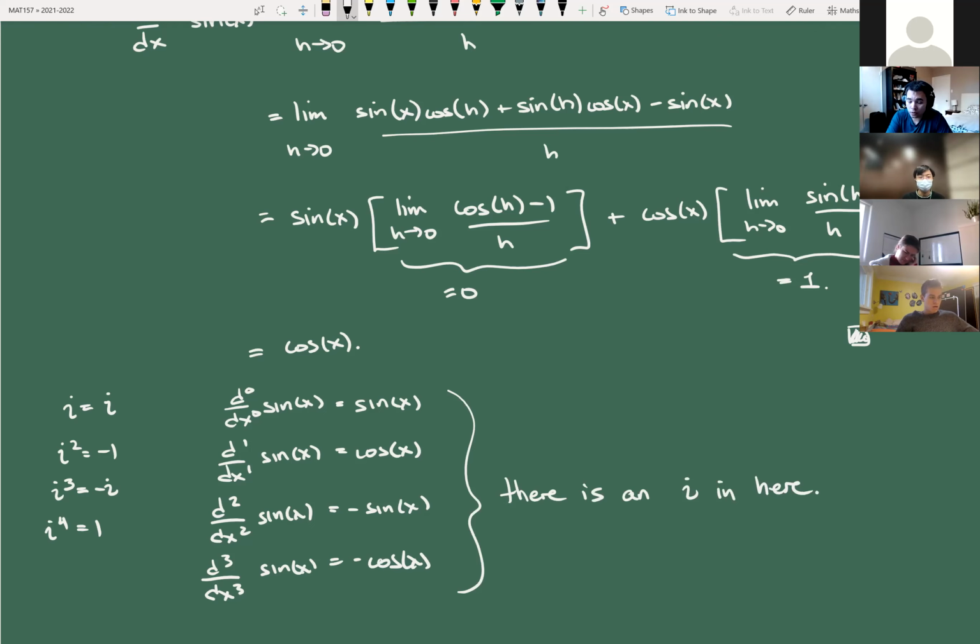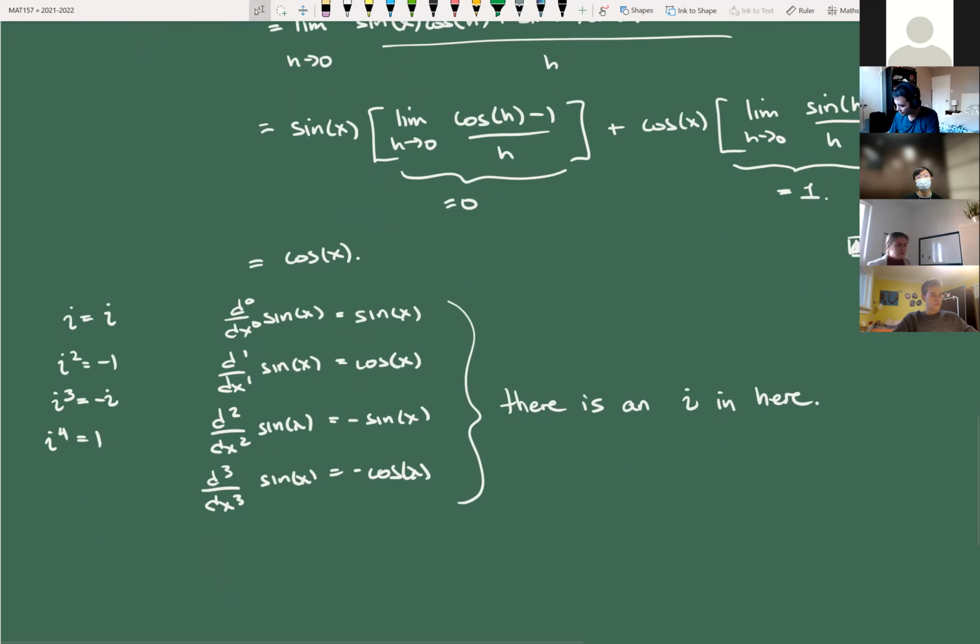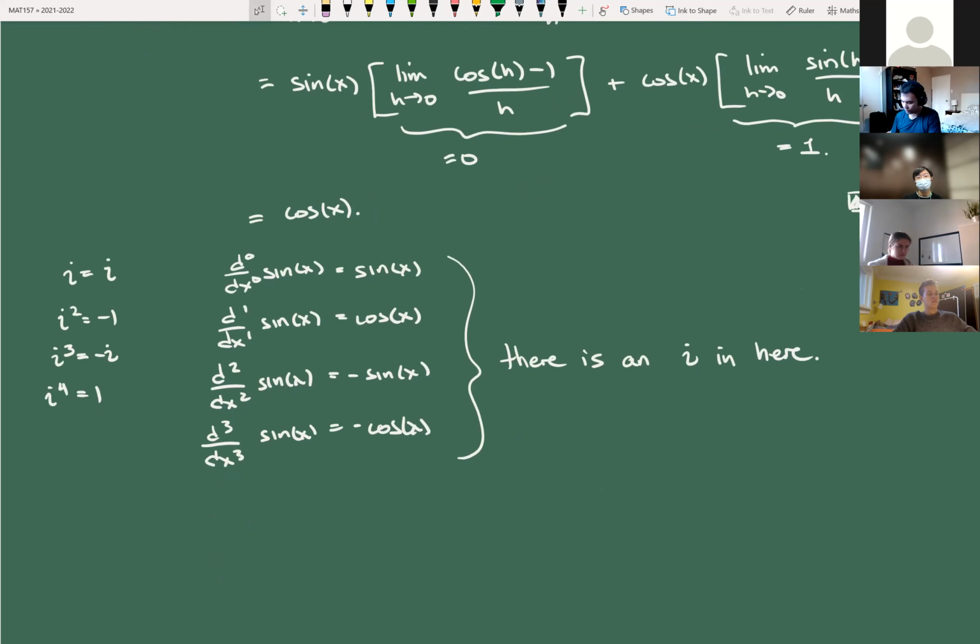Okay, so it's super cool. I think it's a really interesting thing. We might be able to talk about it a little bit more later in the year, like in March and April. If you remind me, I'll try and bring this up. There is secretly a complex number hidden inside of sine and cosine that is responsible for this. Just something to keep on your radar.